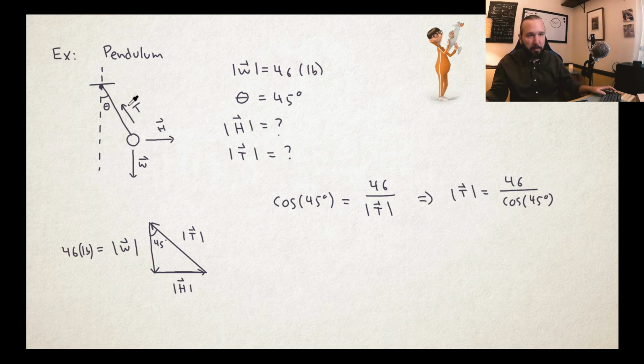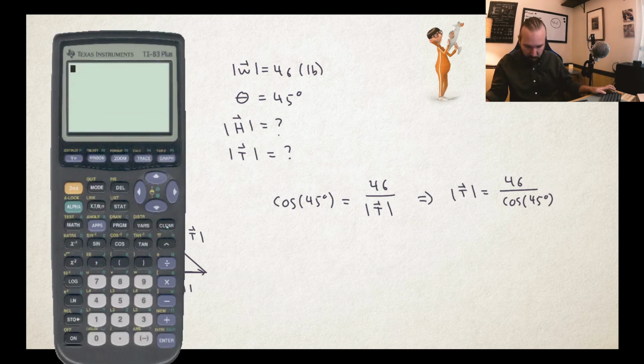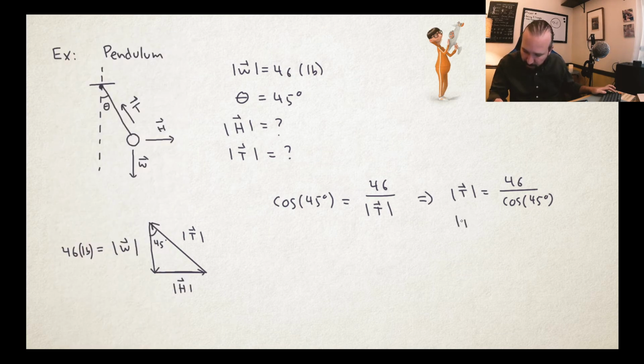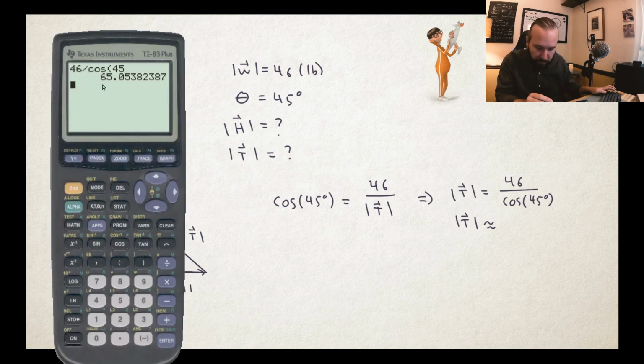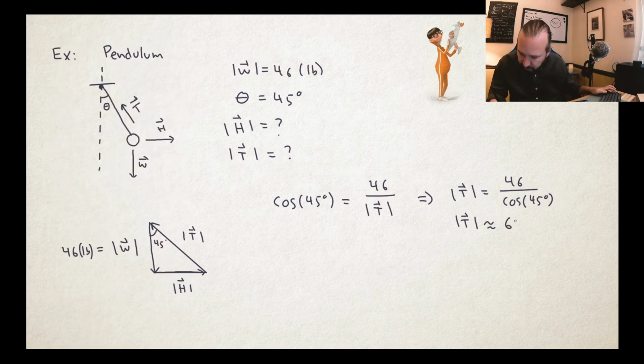Okay, calculator time. I got 65.05. Let's make sure I was in the right mode. I am in the right mode. So the magnitude of T is approximately equal to, what do they want me to round to? Round your answers to one decimal place. So approximately 65.1, and this is a number of pounds. Okay, so quite a lot of tension force.